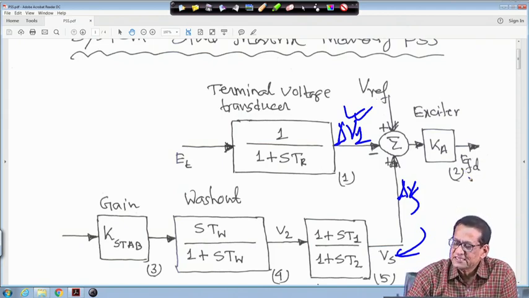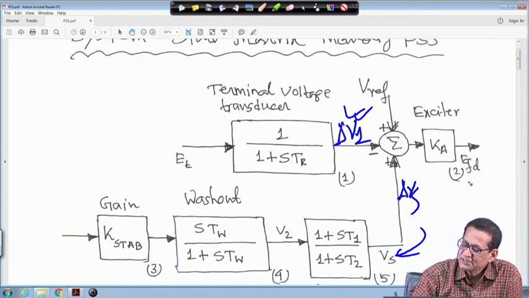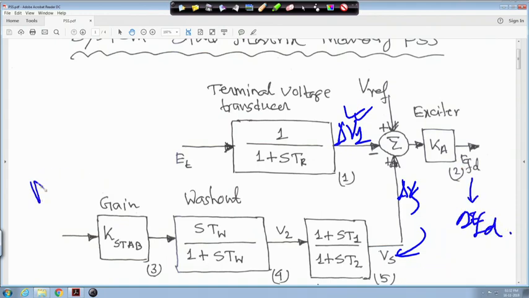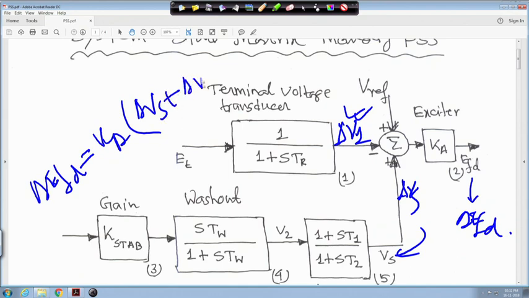So, if you write in small perturbation, this is also delta EFD, right. In that case delta EFD is equal to Ka, that exciter gain, into (delta Vs plus delta V reference minus delta V1), right.